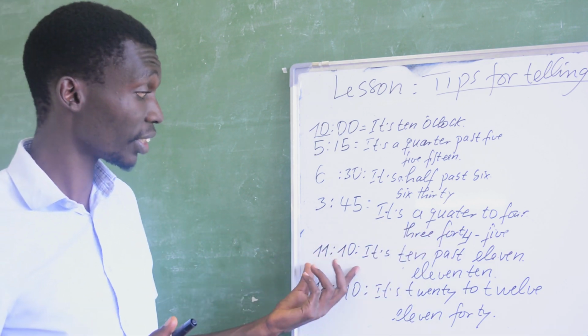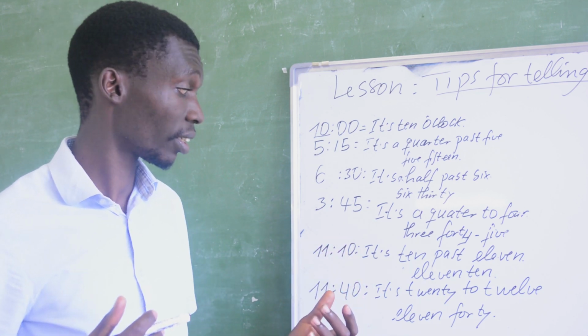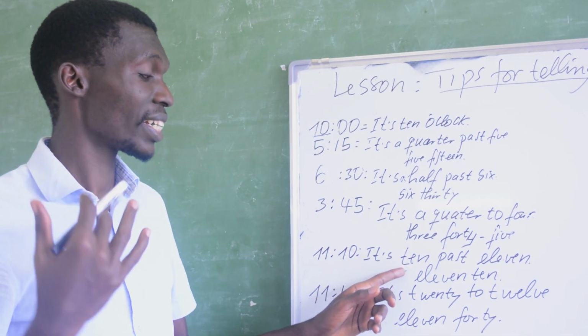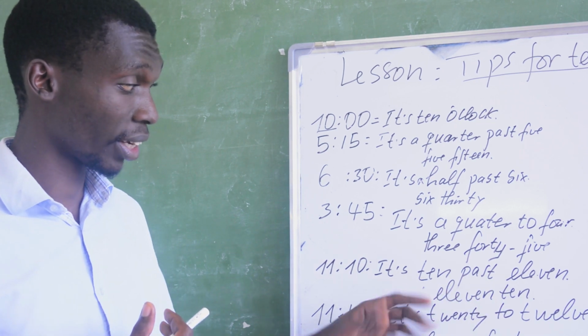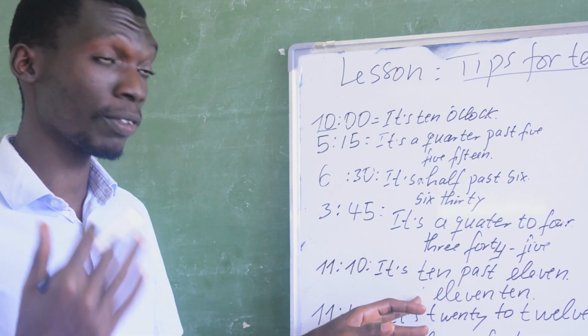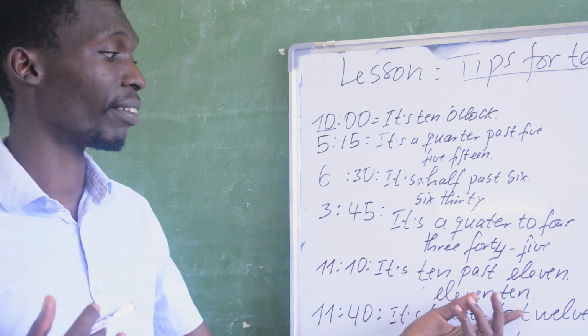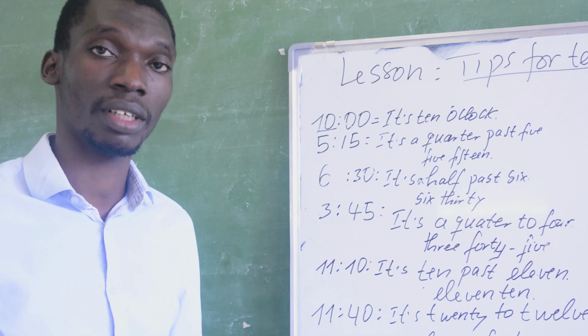So now, here we read, it's 10 past 11. It's 10 past 11. For example, if something happens regularly at this time, say, football matches on Sunday usually start at 11:10. Okay, this is a specific time when something happens.